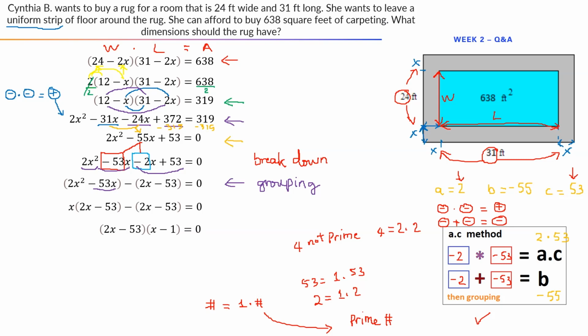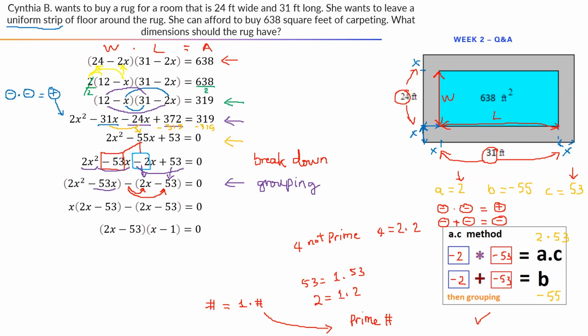So for the first group, I keep it as is. For the second group, because I subtract outside the parenthesis, negative 2x becomes 2x. Positive 53 becomes negative 53. Because when you distribute that negative inside, you get back negative 2x. Negative times negative 53 is positive 53, right?